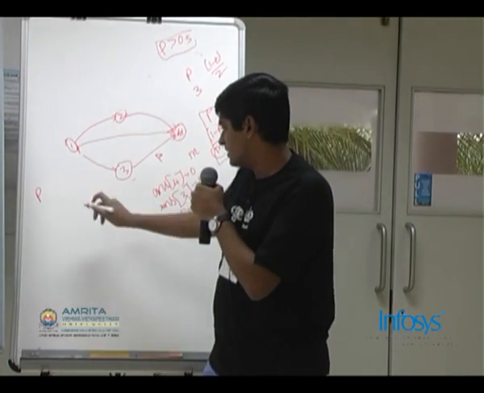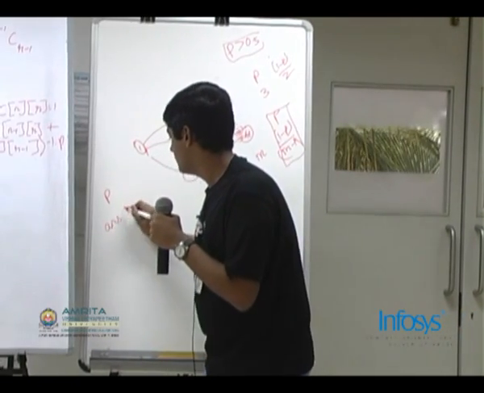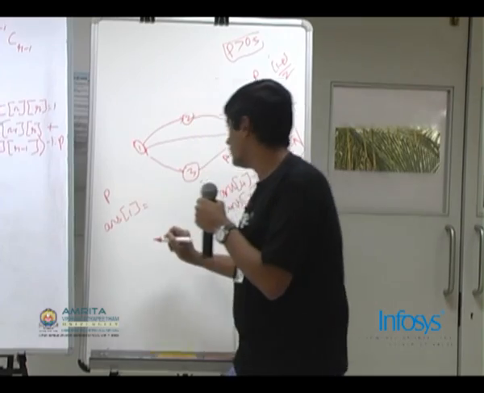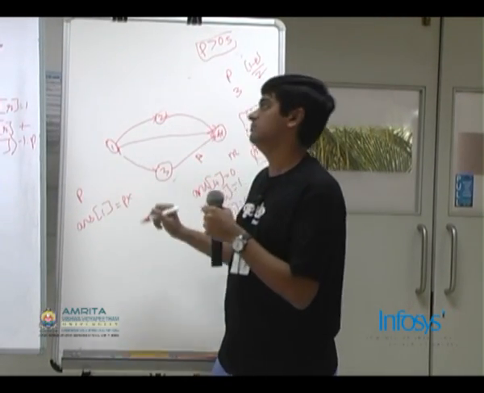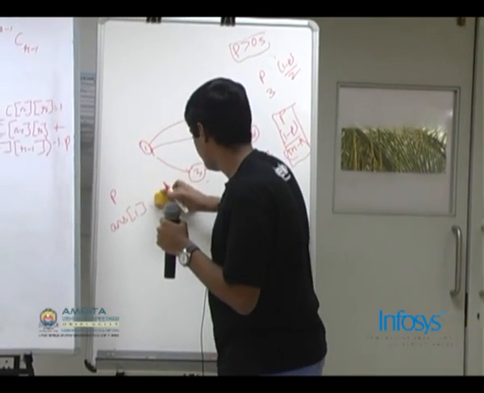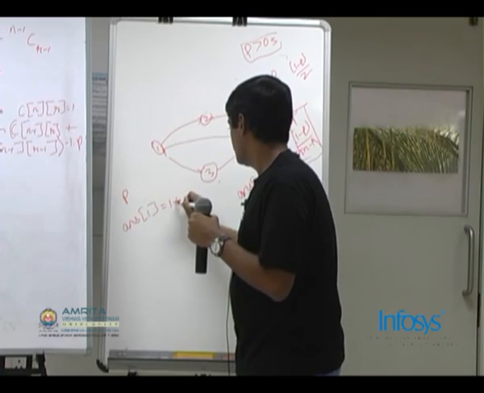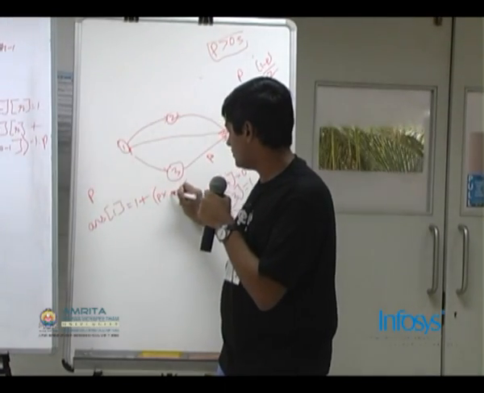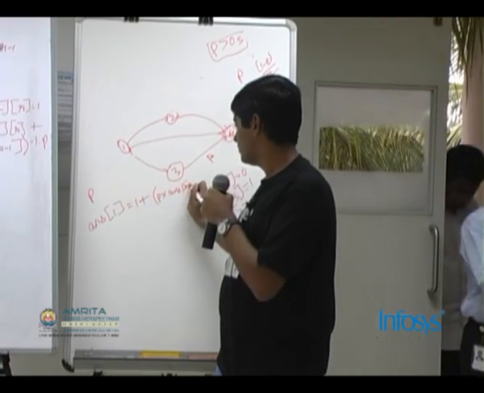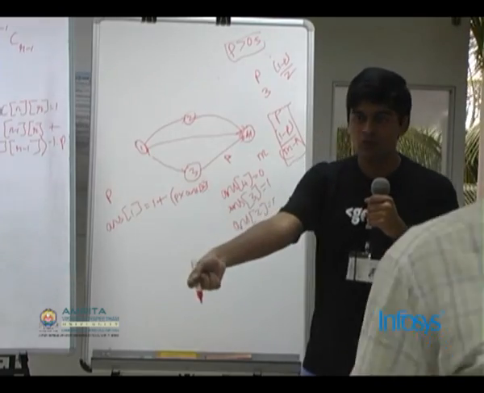In that case, the answer of 1 will be equal to 1 plus p into answer of 2, because this 1 denotes that you surely have to make a move.